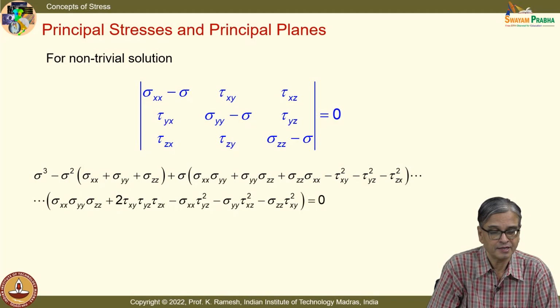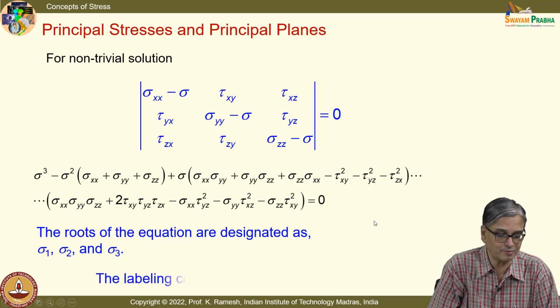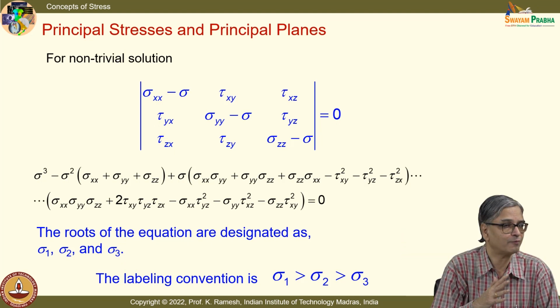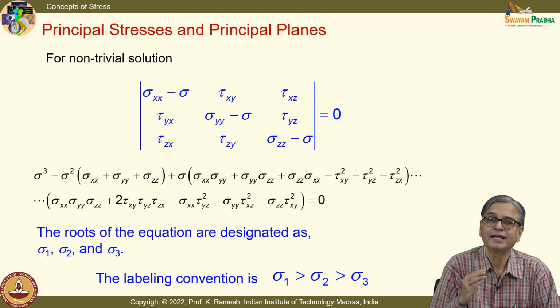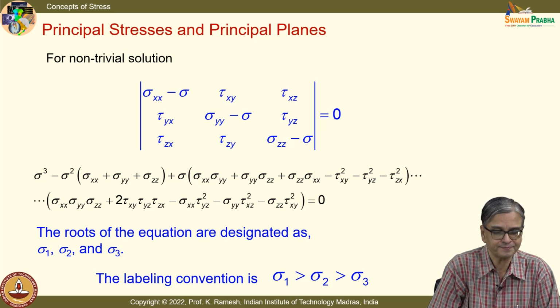So, you should have inbuilt checks in verifying your results. The roots of the equation are designated as sigma 1, sigma 2, sigma 3. Again, the labeling convention. The idea of repetition is that you should recognize that this is important. While learning a subject, healthy repetition is very, very important.